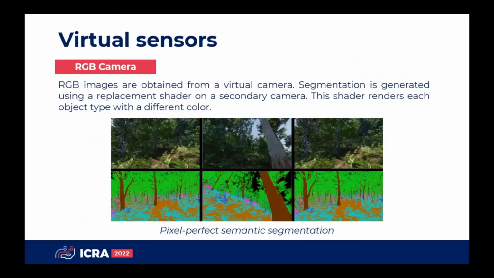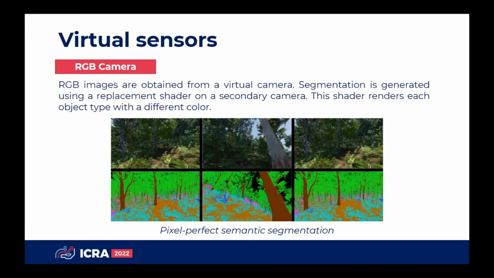So then the next step was to try to implement some virtual sensors, and of course, we wanted them to be as accurate as possible relative to the real sensors. So of course, RGB cameras are easy because Unity already has them implemented. Okay, so we just need to define which kind of parameters we need to have on the cameras.